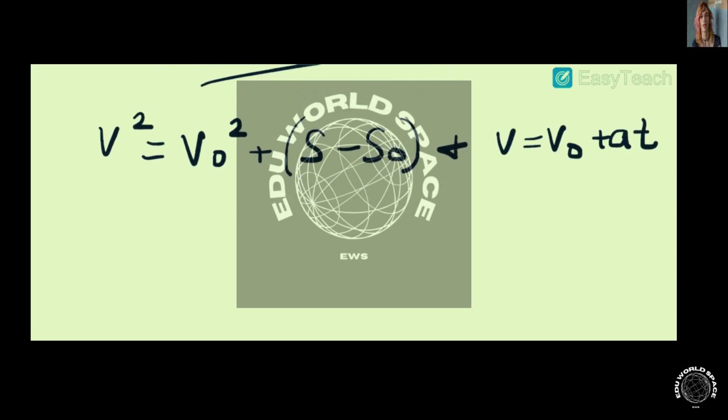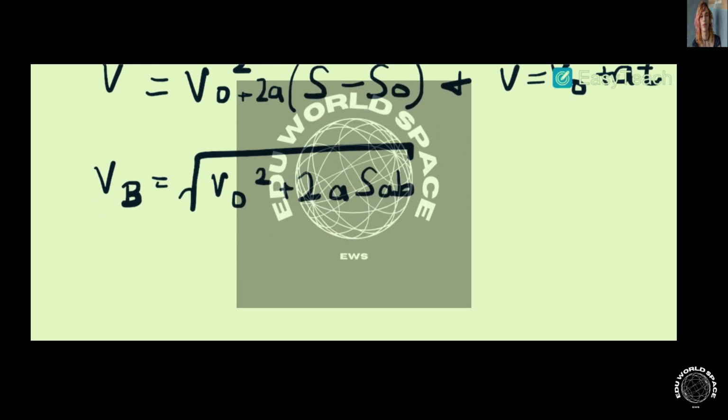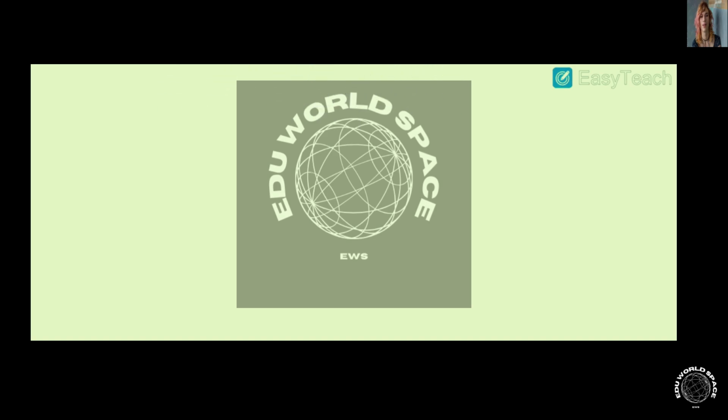V_B is simply equal to the square root of v naught squared plus 2a s_AB. I actually forgot to add the 2a here, so I'm going to go ahead and do that. By plugging in these values, we see that the velocity at B is equal to 22.824 feet per second. Now we can use the other equation to solve for the time it takes to get to point B.